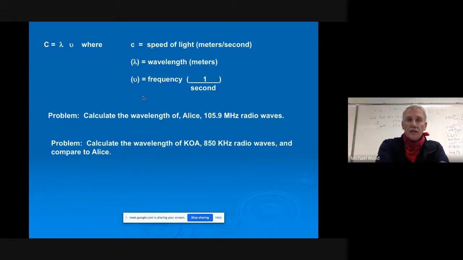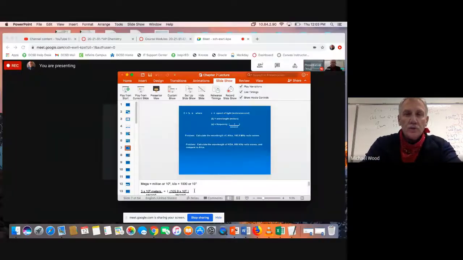I want to calculate the wavelength of 2 radio waves: the FM radio wave, MHz, which stands for megahertz, and the AM radio signal, kHz, which is kilohertz. I want to determine the wavelengths of both of those. So this is what we're going to do.